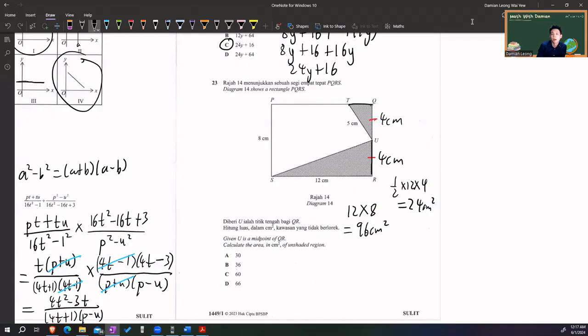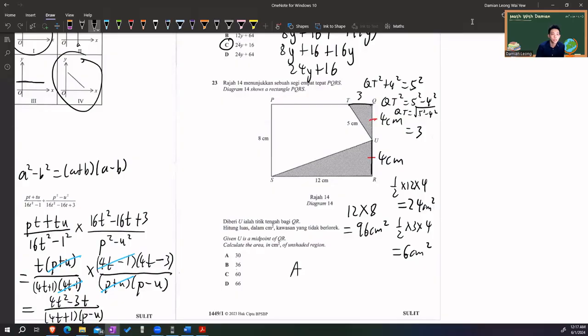Means QT square plus 4 square is 5 square. QT square is 5 square minus 4 square. QT square root of 5 square minus 4 square, which is 3. Yeah. So half times 3 times 4, 6 cm square.